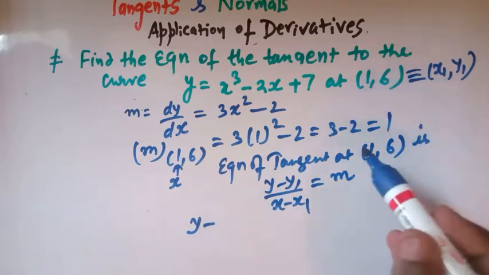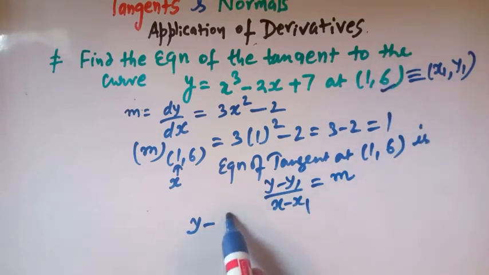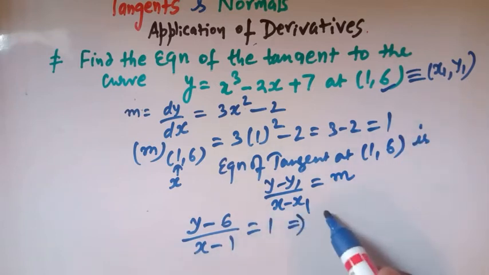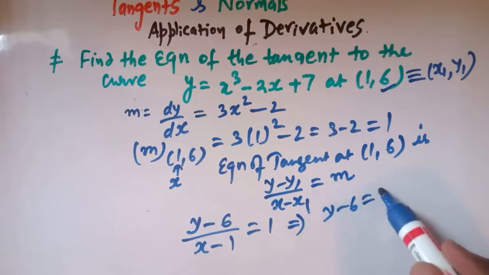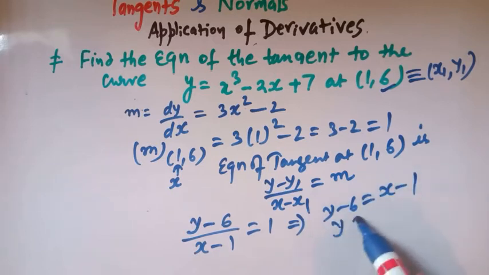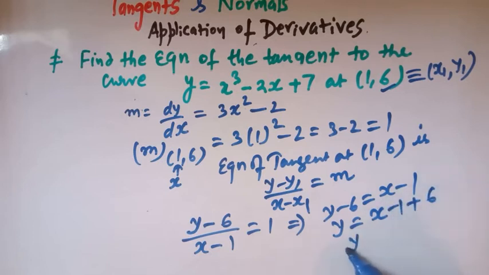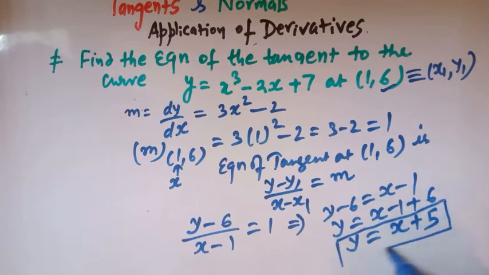So y1 is 6 and x1 is 1, and the slope is 1 here. So we will simplify it. y minus 6 is equal to x minus 1, and y is x minus 1 plus 6. So y is equal to x plus 5. So this is the equation of the tangent line.